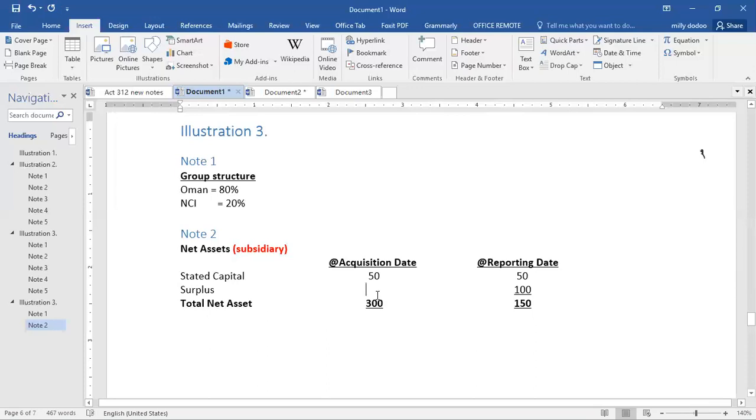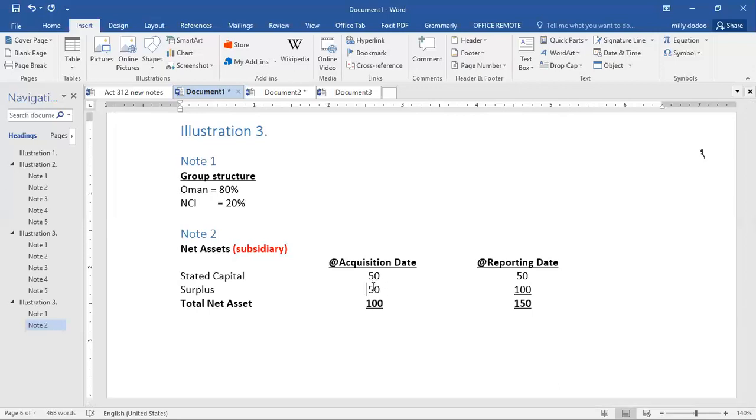But they did not give you acquisition date surplus, but they gave you net assets at acquisition to be 100. So if they gave you the total to be 100, then something must be added to this 50 to make it 100. And so surplus at acquisition is also 50.